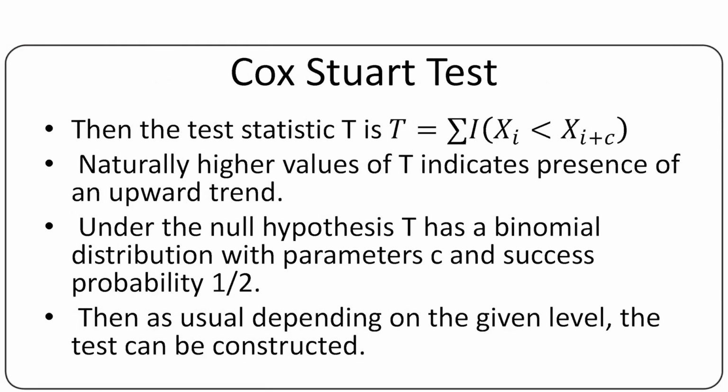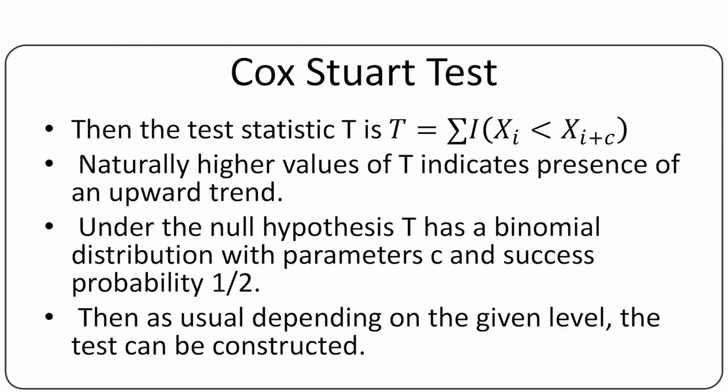Naturally, the test statistic T is the number of pairs Xi, Xi plus c, i from 1 to c for which Xi is less than Xi plus c. Thus, T is the sum of the indicator functions of Xi less than Xi plus c. The test statistic is nothing but the sign test statistic based on the difference Xi plus c minus Xi, i from 1 to c.